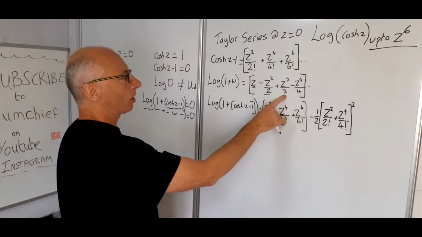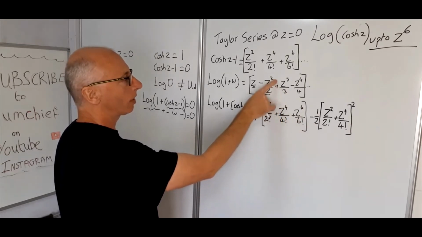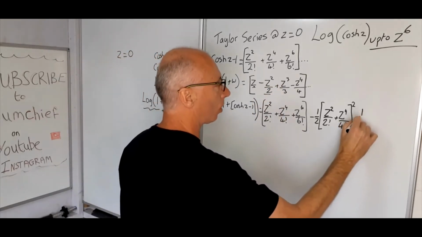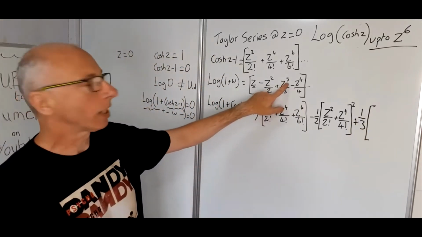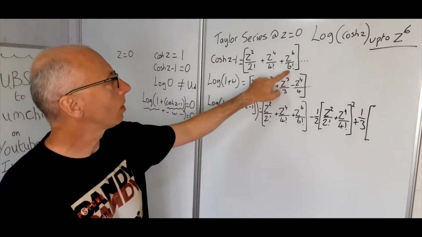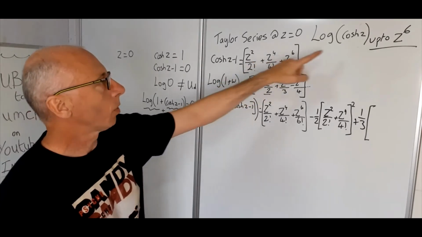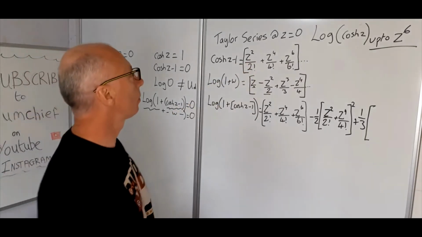So now we want w cubed over 3. So as we did before, let's take 1/3 out, the coefficient. So that's plus 1/3. And now, because it's w cubed, we're now going to cube this series here. Now as we're going to cube it, and we only want up to the z to the 6, this first term is going to give us enough.